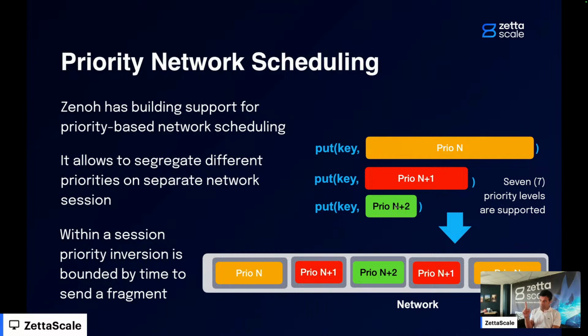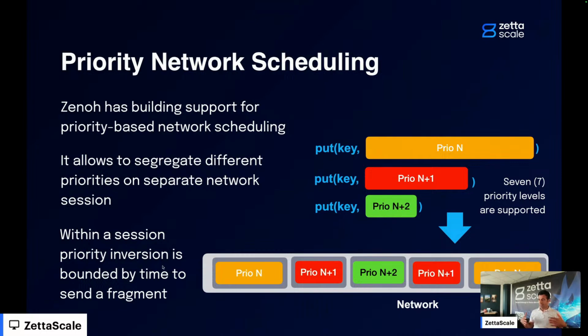Even using a single link, I end up writing the first fragment for this big chunk of data. Then this will be preempted as soon as someone does the put for priority n+1, and will start writing the fragment n+1. Once the sending is completed, I'll start sending the fragment for priority n+2, which contained the entire data, and then resume in priority order.